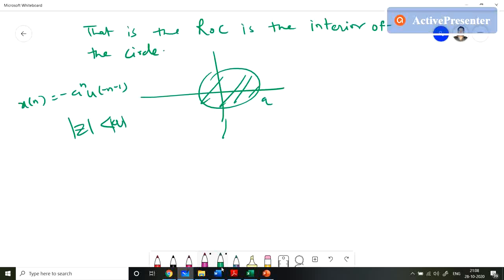So this is the interior of the circle when it is anti-causal.